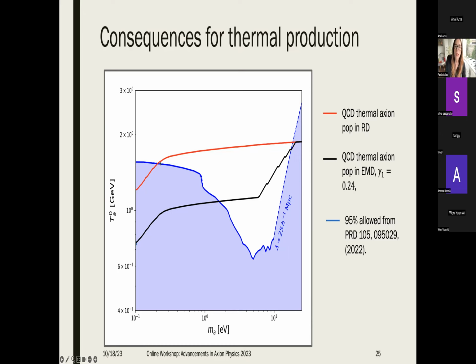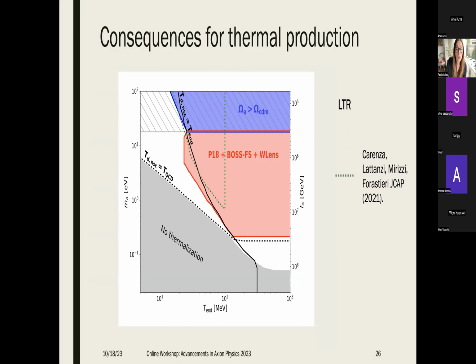And the black line is a thermal population in early matter-dominated phase with some entropy dilution that I tuned to 0.24 just to show the comparison between the two. So using this data, we produce this plot, which is the mass of the axion in terms of this Tn temperature for low temperature reheating scenario.